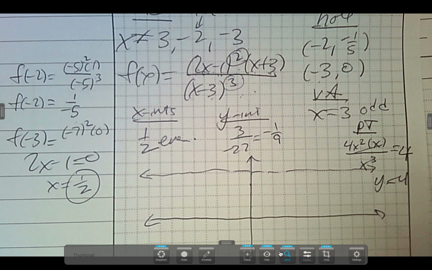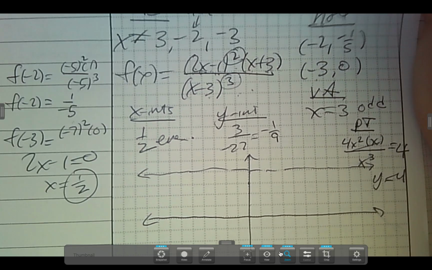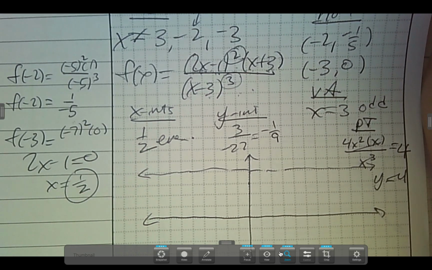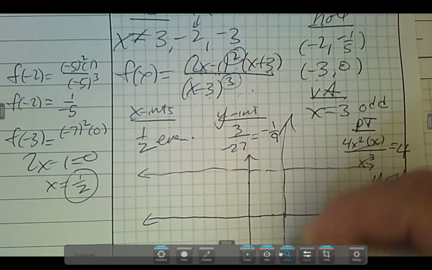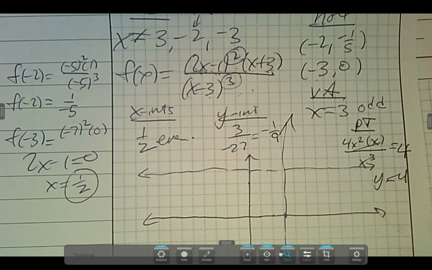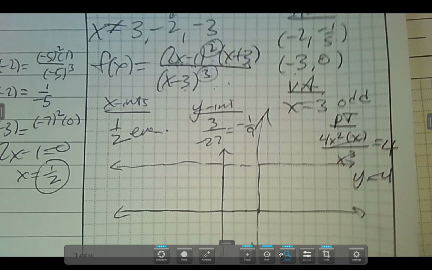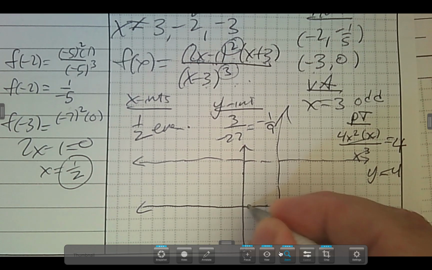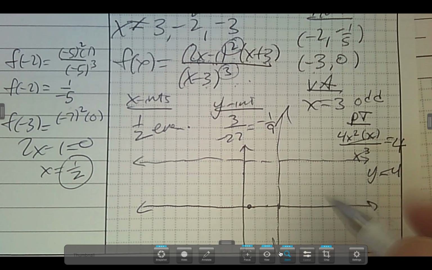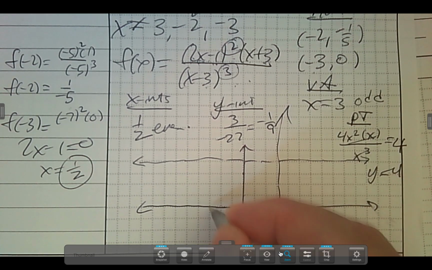That's the horizontal. I have a vertical at 3. I have an x-intercept at 1/2. I have a hole at -3 and 0.